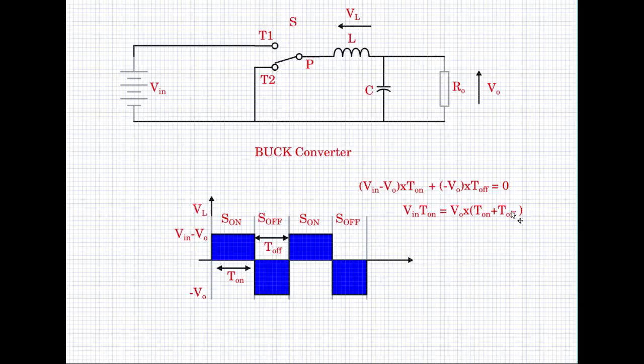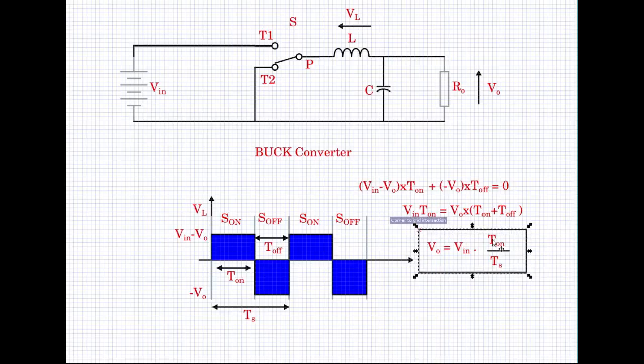T on plus T off is nothing but the total switching period, Ts. So still further rearranging, we see that V naught is equal to Vin T on divided by Ts. So this would be the input output relationship for this buck converter.